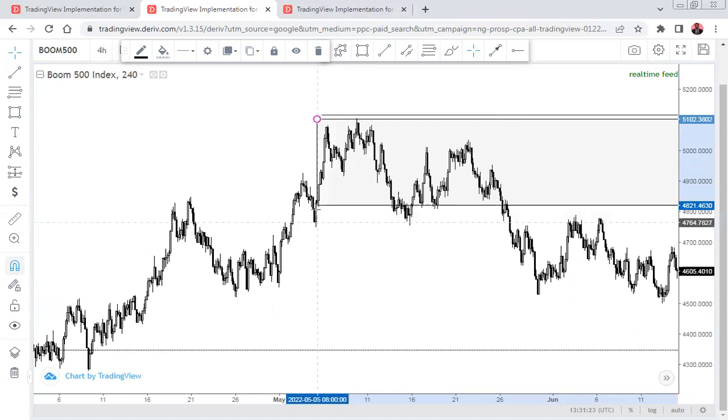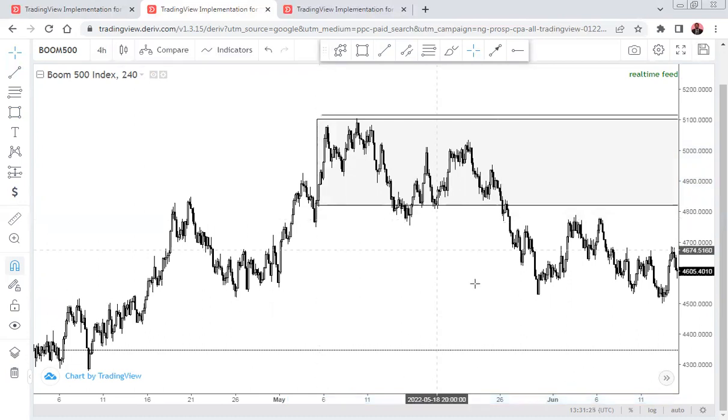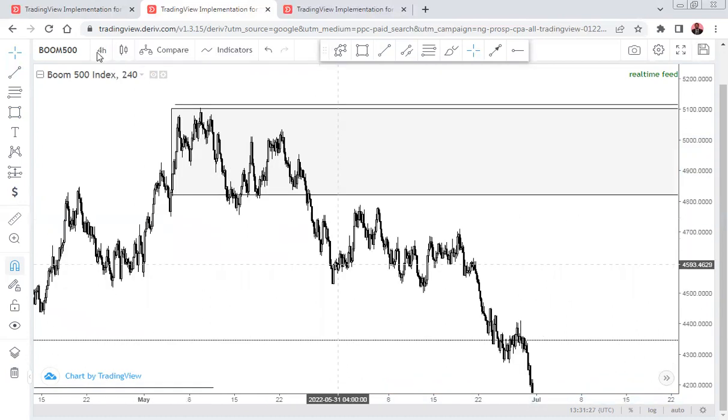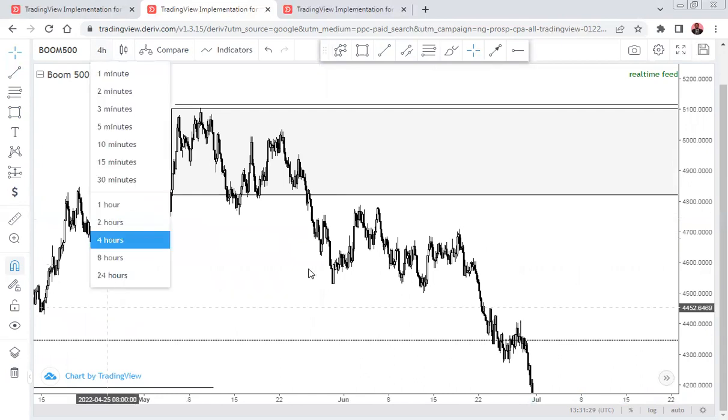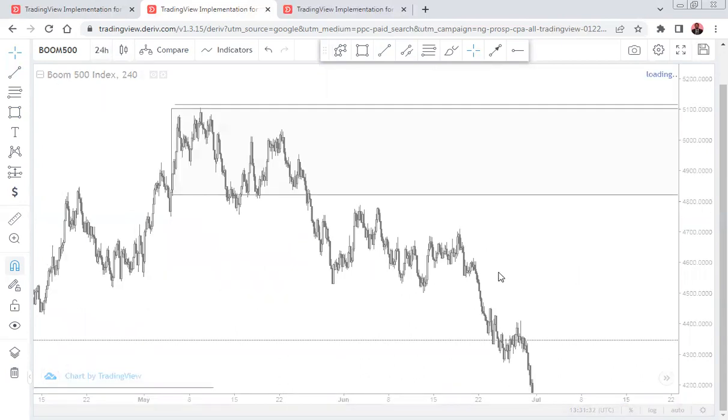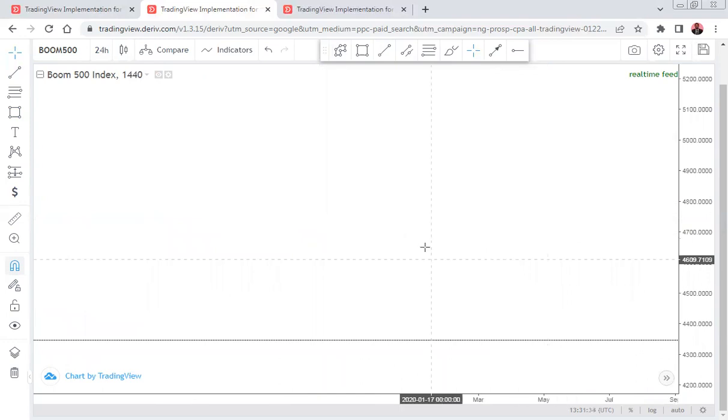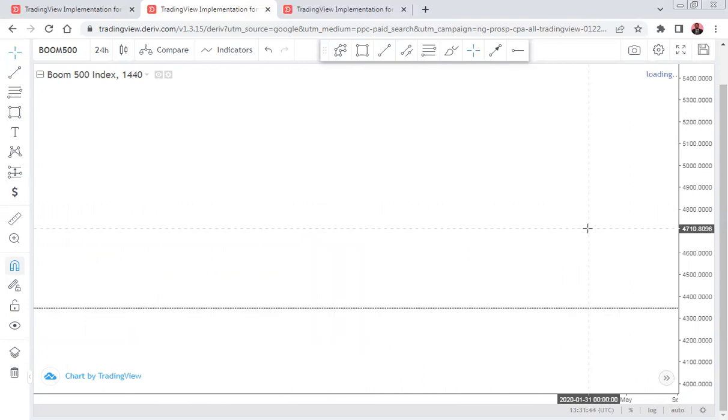All of this area is my potential area for redistribution. All of that zone is what I'll be looking at for price to come back into and then give us the play we are looking for.